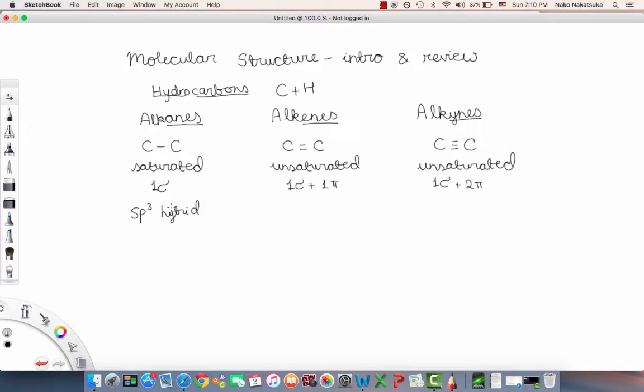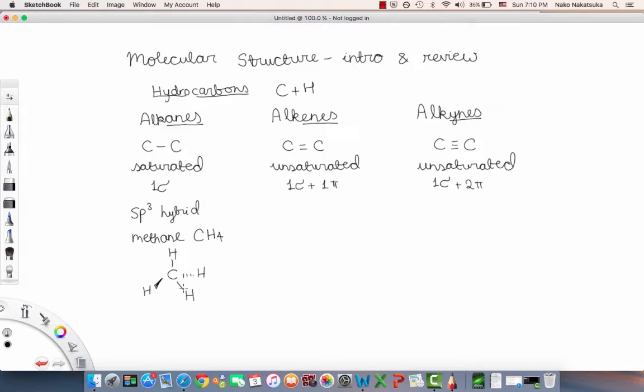In order to show you this, a good example of a saturated alkane is methane. Methane is the simplest hydrocarbon, which is CH4, so one carbon and four hydrogens. If I drew out methane for you, because I know how to draw VSEPR structures, it would end up like this.